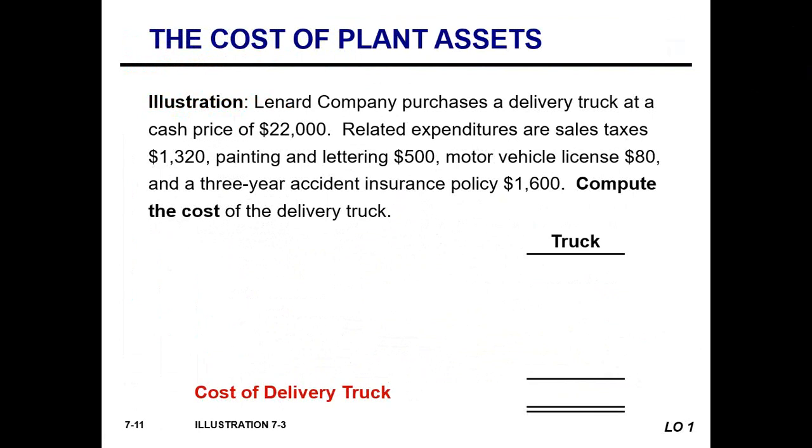Here's an example. Bought a delivery truck for $22,000. Sales tax, painting and lettering, motor vehicle license, and a 3-year insurance policy. This looks a little different. Let's talk about this.